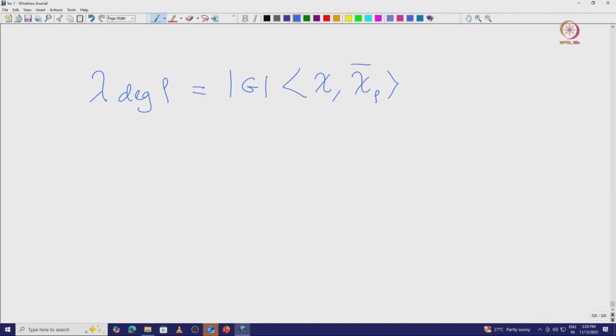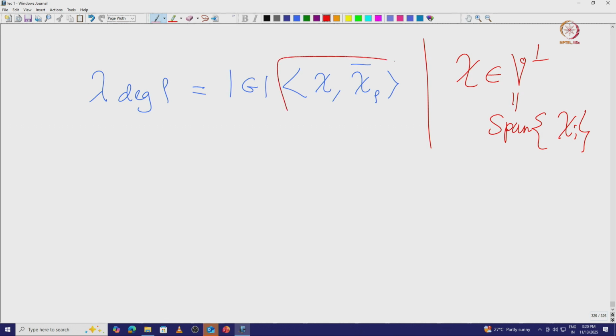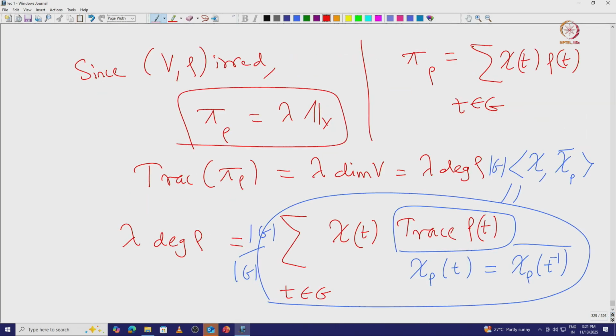But since we have chosen chi from the complement of this span of chi I, from that you can conclude that this quantity is 0. That means lambda must be 0. So pi rho, which is nothing but a scalar times identity, is supposed to be 0.